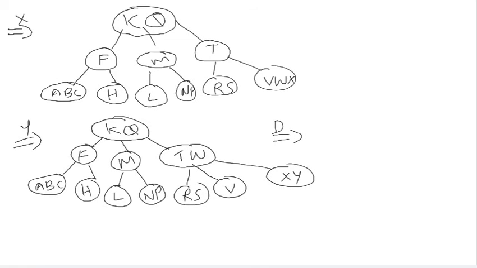Okay, and to the right of this we have H, so here we have L and N, P. Now we have R, S, then V, and we have X, Y.